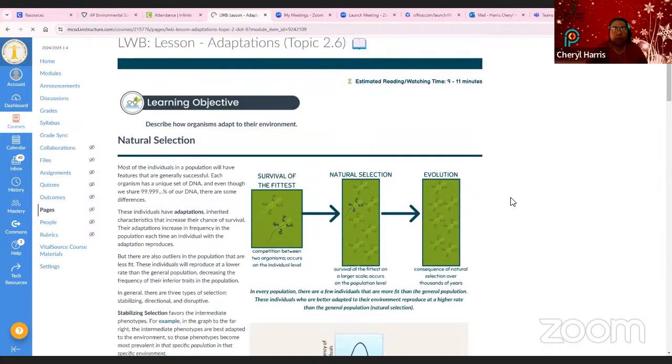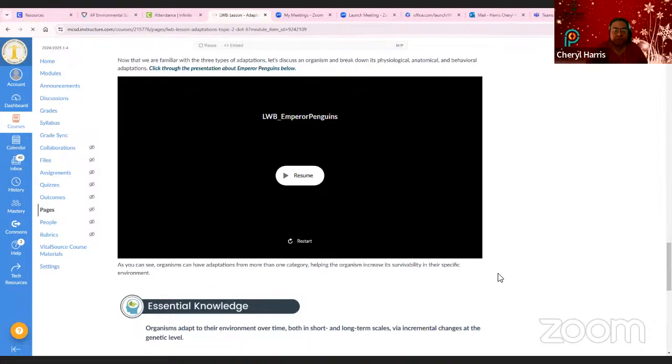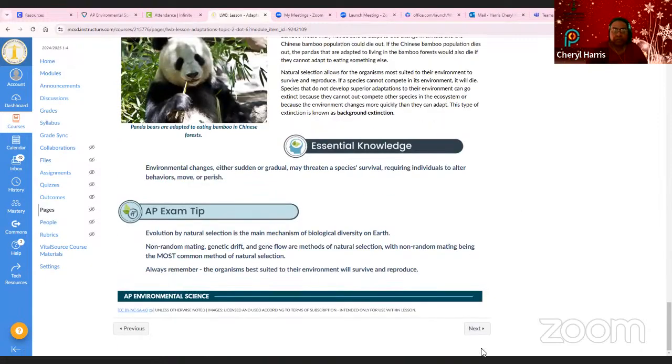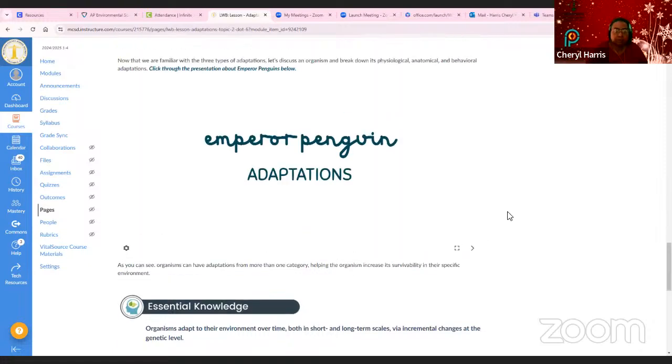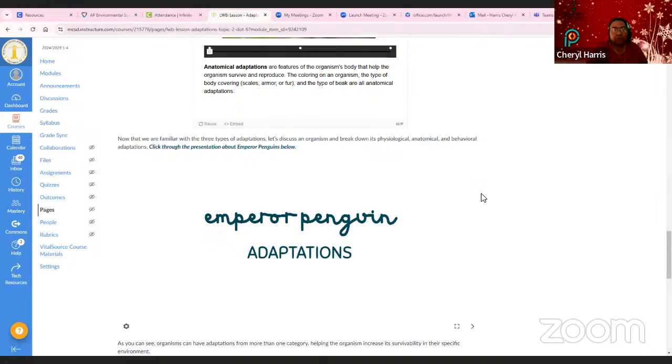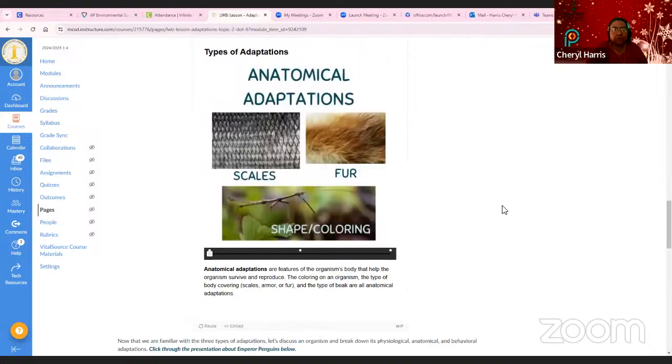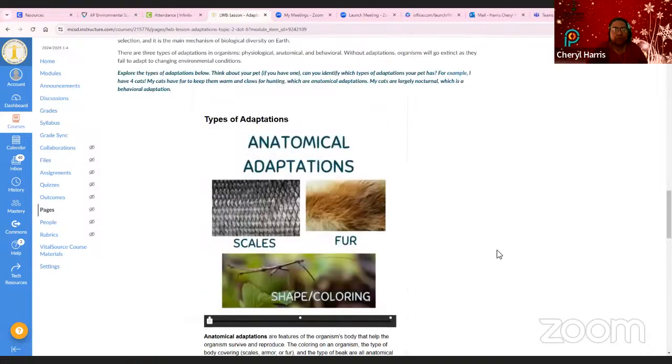All right. So this brings us back to our conversation about survival of the fittest. When we talk about anatomical adaptations, there are certain organisms that have body parts or things about their physical appearance that allow them to adapt to certain conditions.